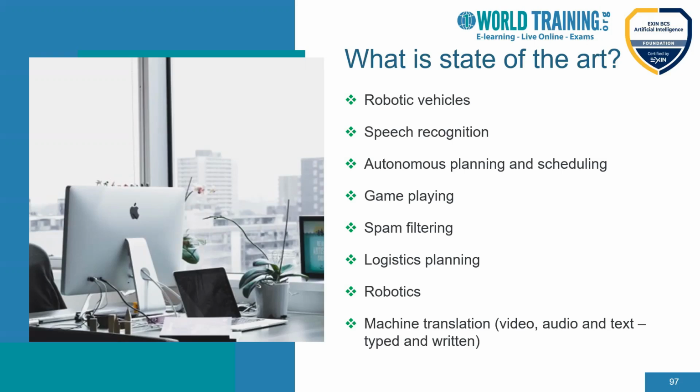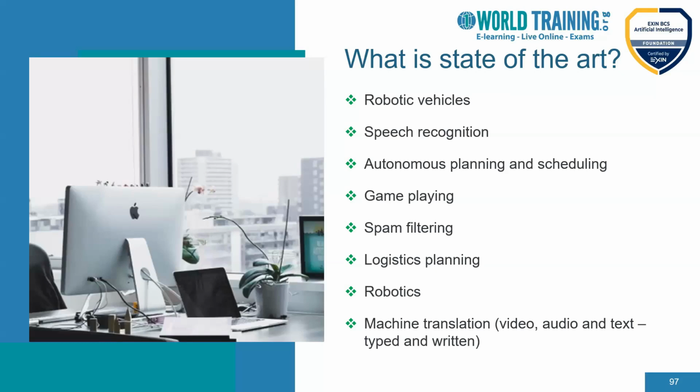The second state of the art functionality, as we call, is the speech recognition. So your agent or your AI or machine learning based agent should be able to carry out the speech recognition features or functionality. The third important state of the art element is your autonomous planning and scheduling.